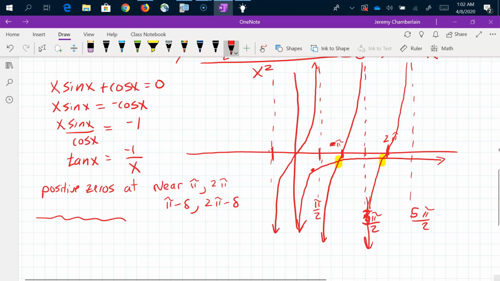And it's going to have negative zeros near minus pi.